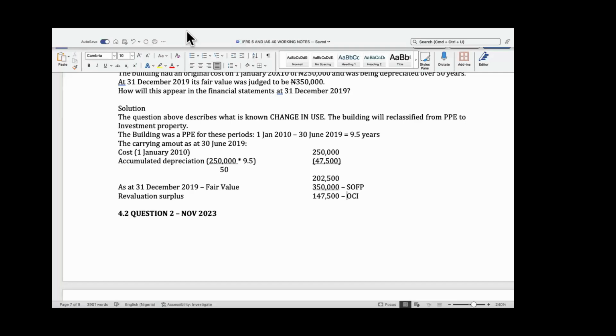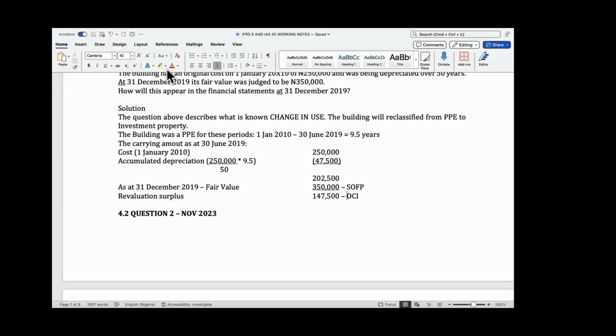So I said that whenever there is a change in use, any revaluation surplus that arises when there is a change in use will be treated based on the old use.